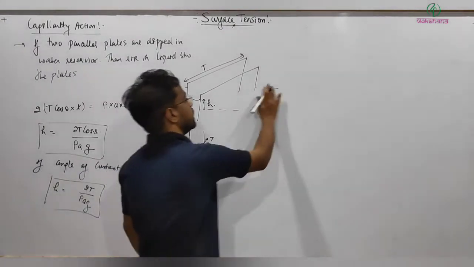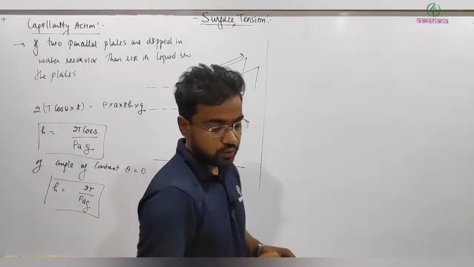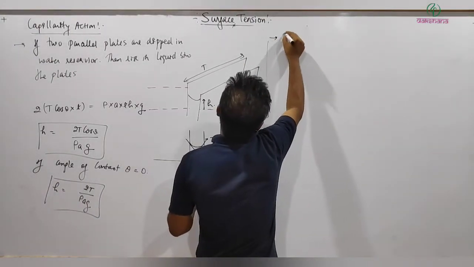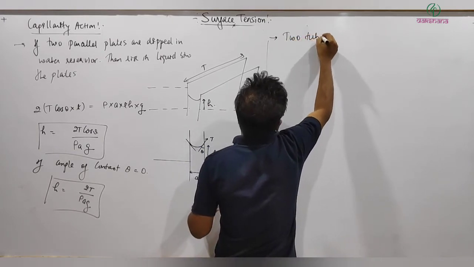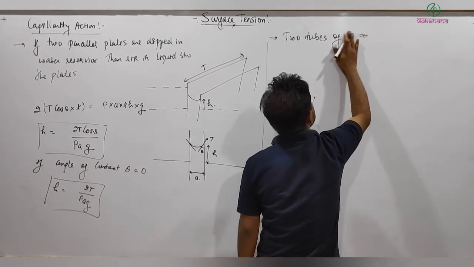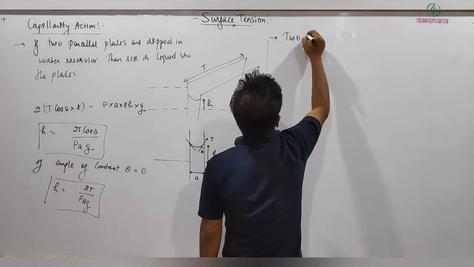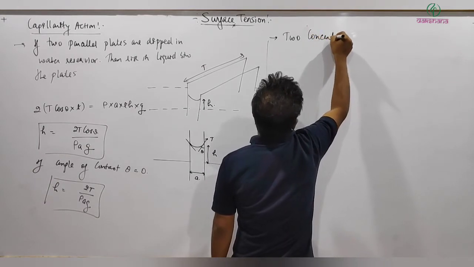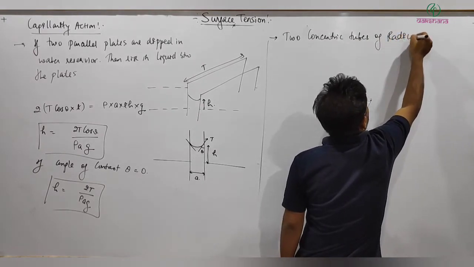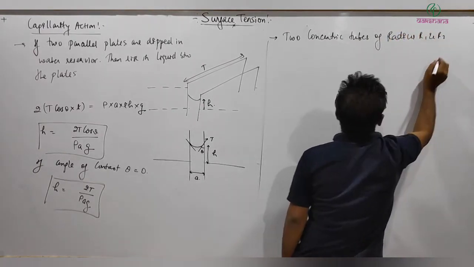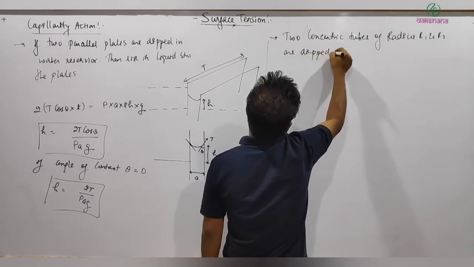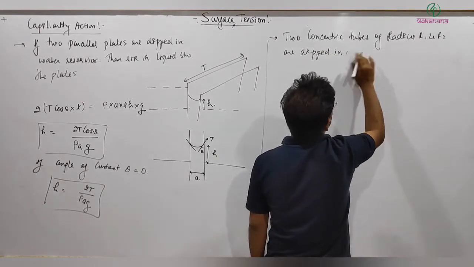Similarly, here we can discuss another case when two tubes, two concentric tubes of radius R1 and R2, are dipped in a reservoir.